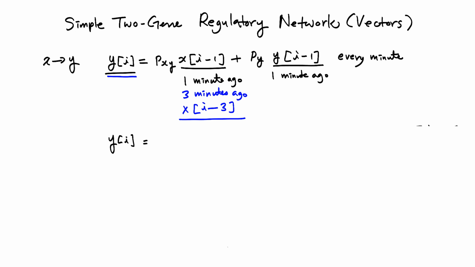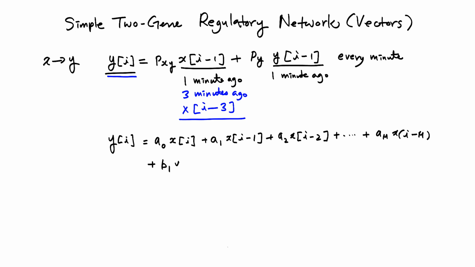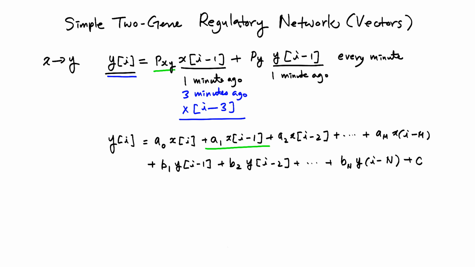Y of i is A sub 0 x of i plus A sub 1 x of i minus 1 plus A sub 2 times x of i minus 2 up to A sub m x of i minus m plus B sub 1 y of i minus 1 plus B sub 2 times y of i minus 2 up to B sub n times y of i minus n plus some constant c.